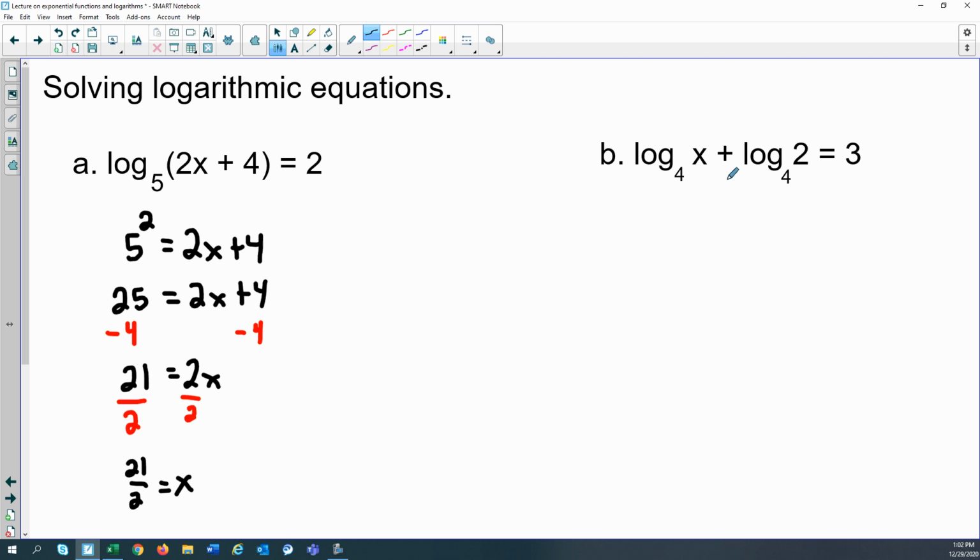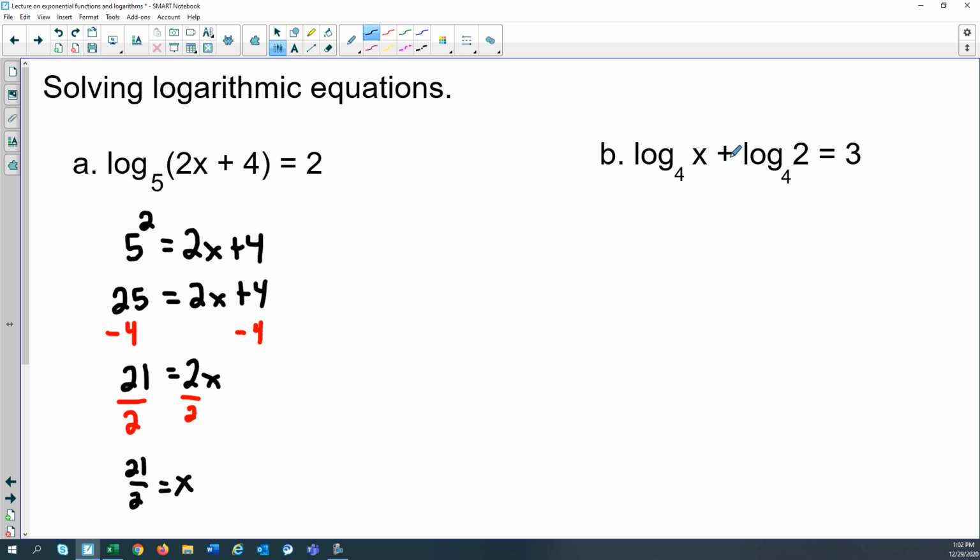Okay, one last one. Again, we're dealing with an x trapped inside our log, so your best bet is probably going to be to try to get it into exponential form. But to get to exponential form, we need it to where we have a log equal to a number. So we look at our two logs. They have the same base. That's a good sign. That means we have our properties that we can use.